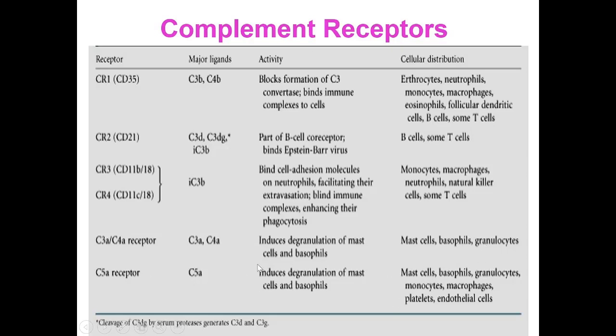They are very important in inducing inflammation, because binding of these fragments to their receptors on the surface of these cells can induce the degranulation of cells, such as mast cells and basophils and other cells.